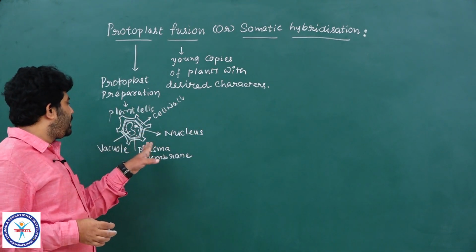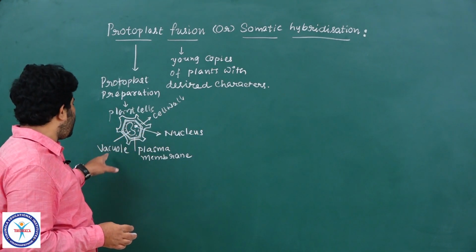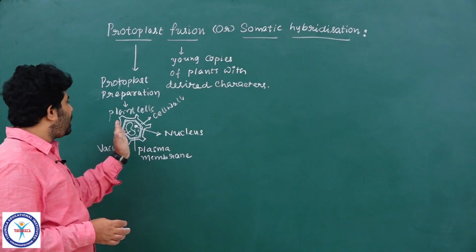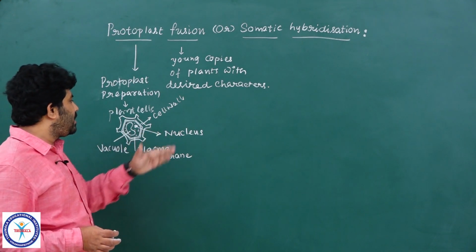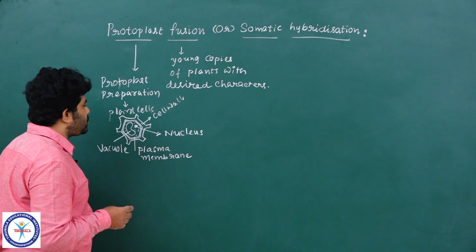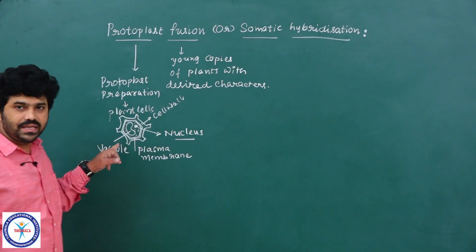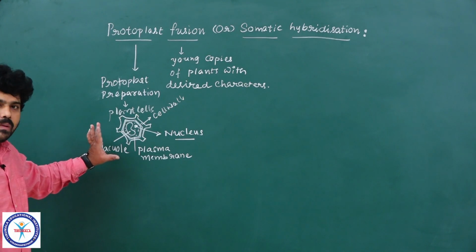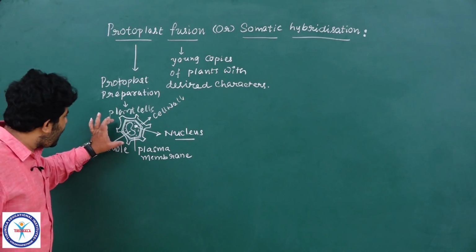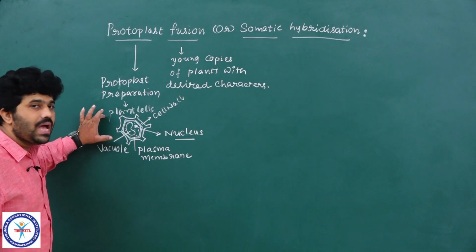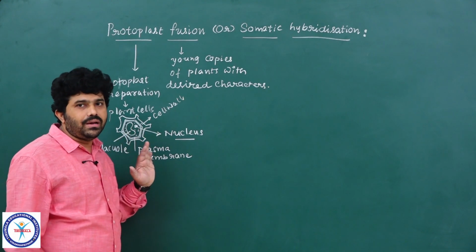Slightly away from the center there is a small spherical structure called the nucleus. These are the structures we generally see in the normal plant cell, which we have taken as our material.